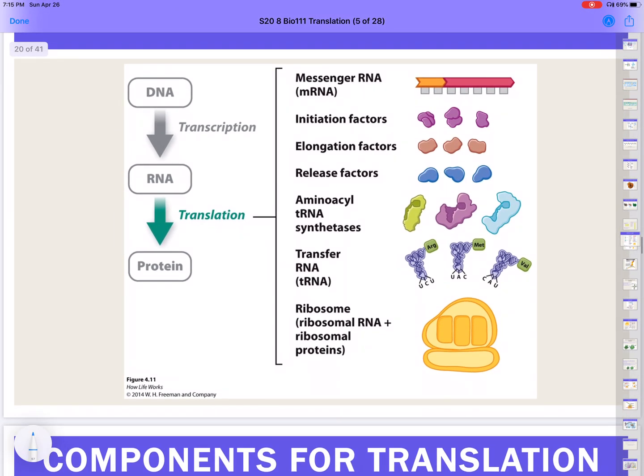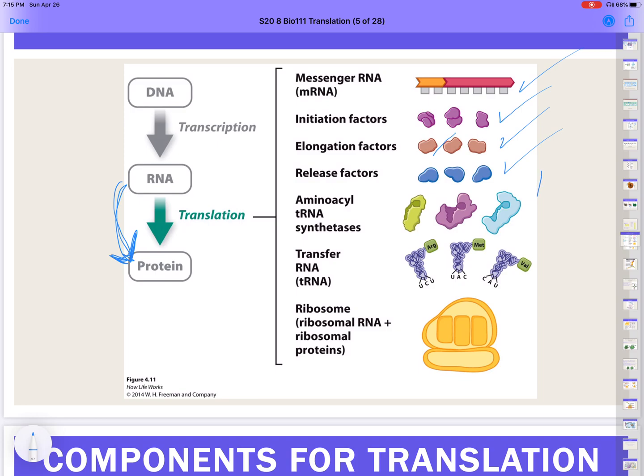All right, so we are focusing on the transition from RNA to protein. This is called translation. These are the players here. You obviously need the messenger RNA, and kind of like transcription, you have initiation, elongation, and termination that occurs, and there are different factors that are involved in there.